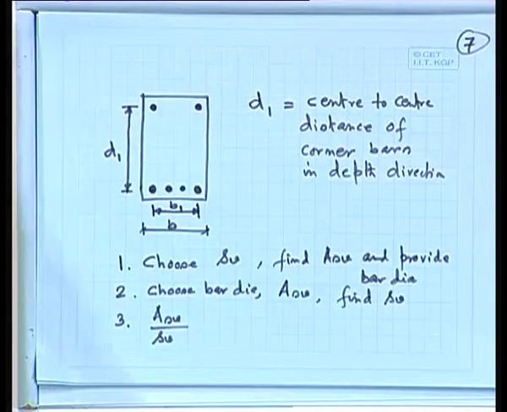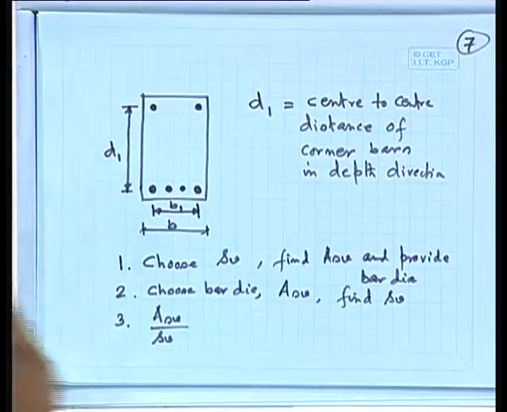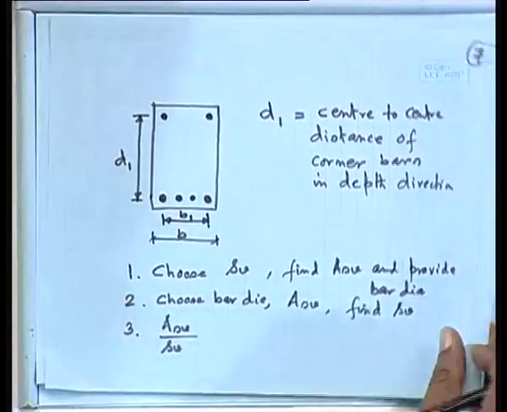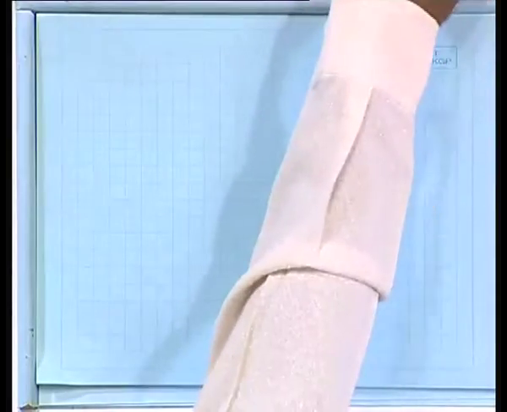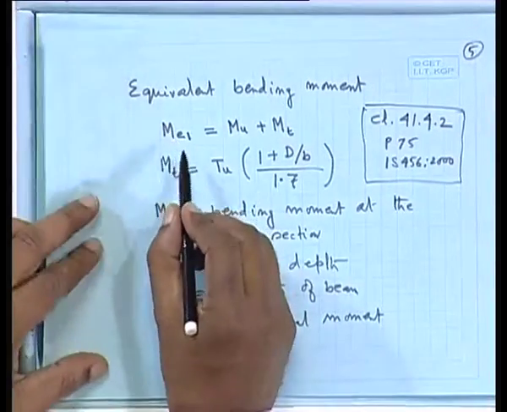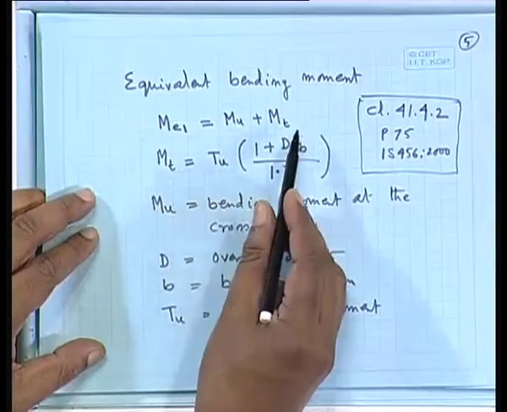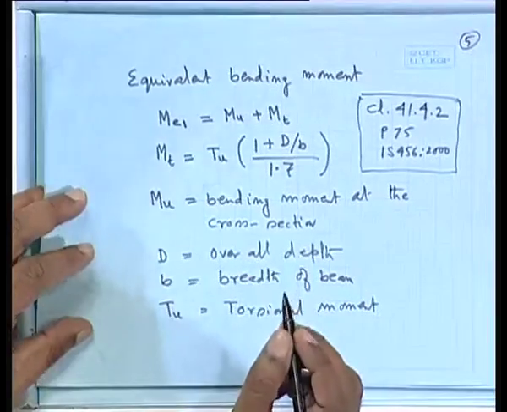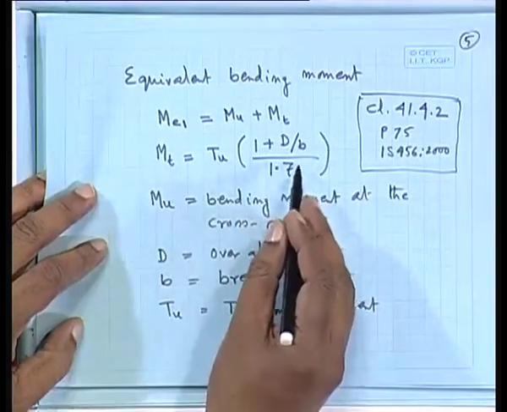Okay. Now let us start one example, but before that I shall tell you one more thing. I have told you in the very beginning that Mu1 equal to Mu plus Mt, and Mt we have calculated here.